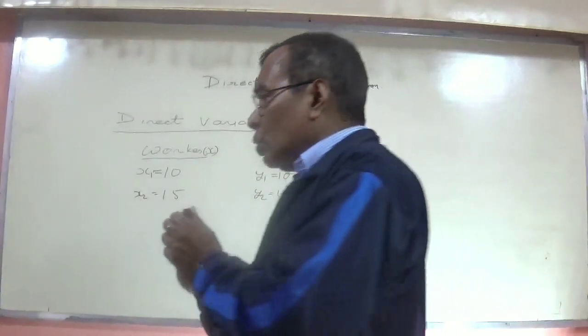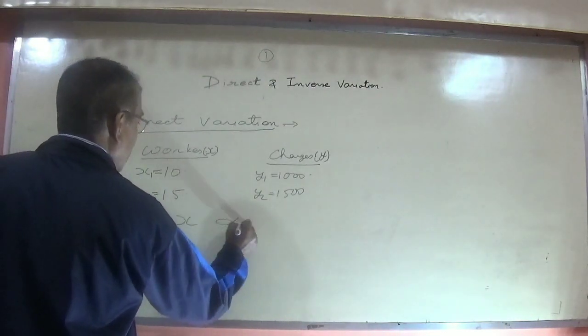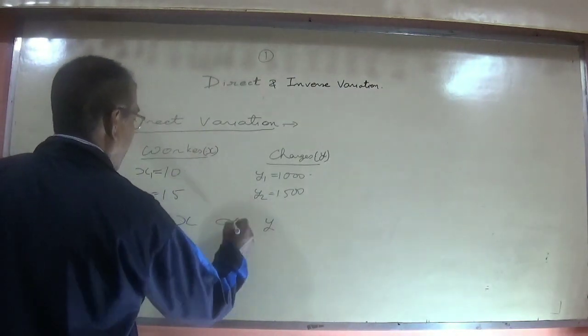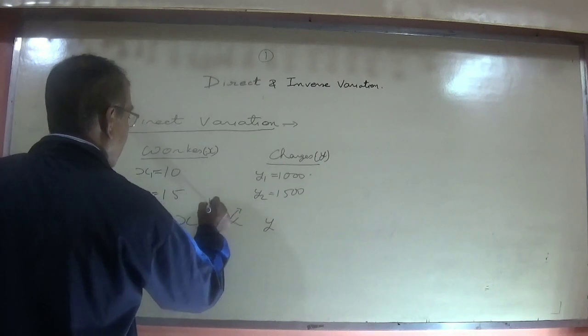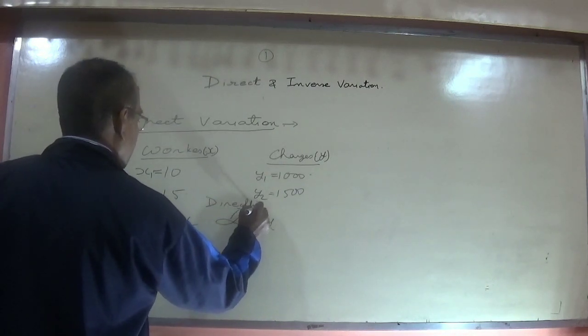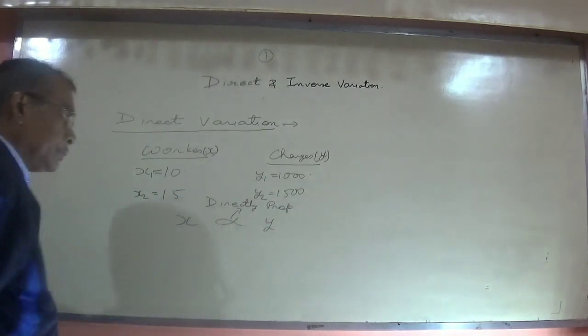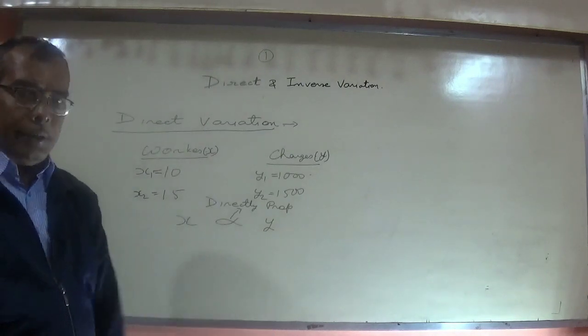And we denote in mathematics something like this: x is directly proportional to y. You should pronounce this as x is directly proportional to y.